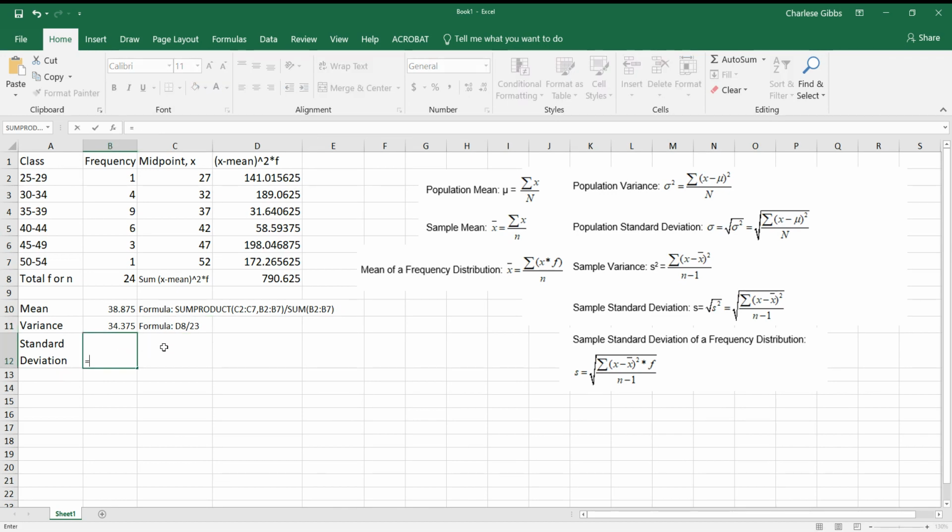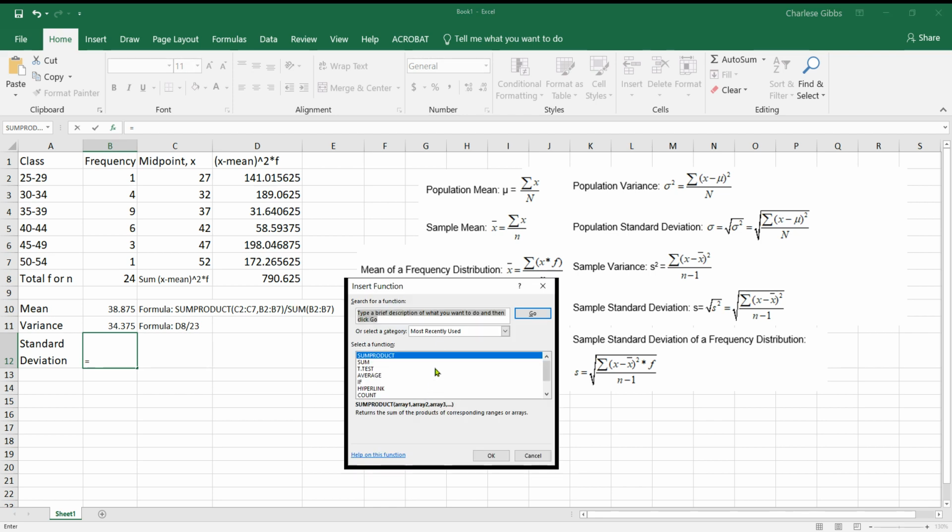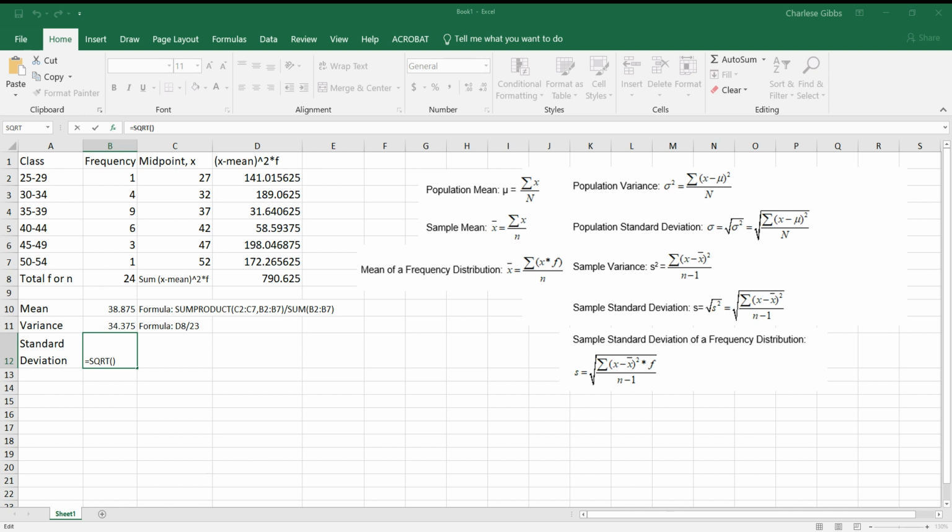For standard deviation, we're going to square root that cell. So let me go and search for this so you can see how you search for it. So square root, here it is. Square root. And I want to square root this. So you can put a number in. I'll put the cell in because I want the whole entire answer.